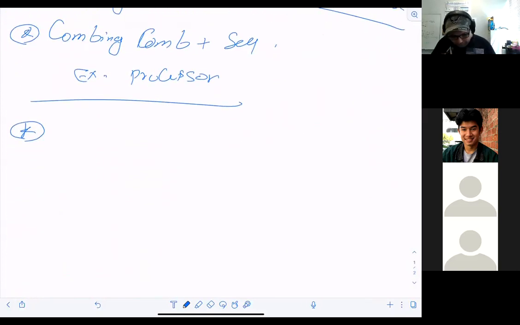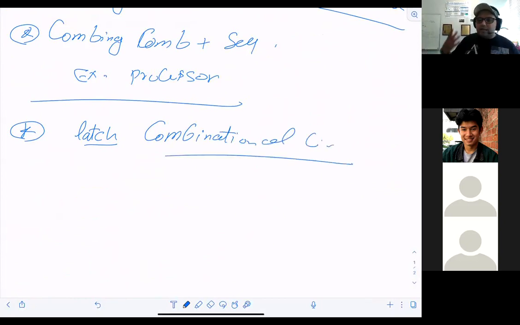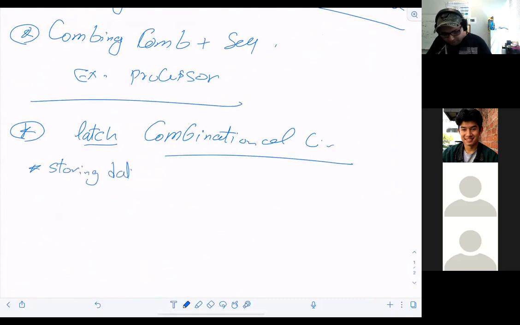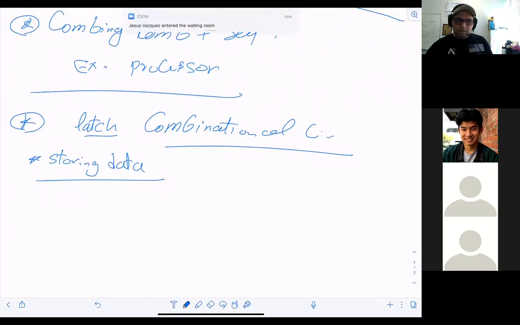Now, for the latches, a latch is just a pure combinational circuit. Do you guys agree? Why are we using a latch from your point of view? Storing data. Sounds good? What is the advantage of the latch? Storing data. What is the disadvantage of the latch?